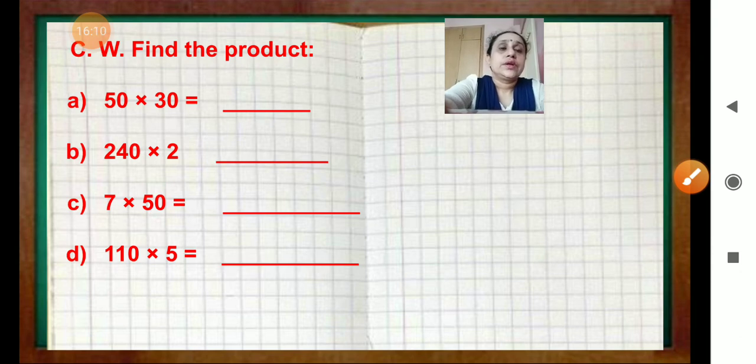Now, classwork. You have to do in your notebook. All the sums are from your maths book only. All the questions are from your maths book. So, these we will do in our notebook. Find the product. You have to write find the product. It is multiplication. Now, A. 50 multiplied by 30.